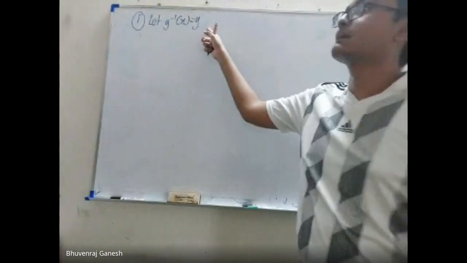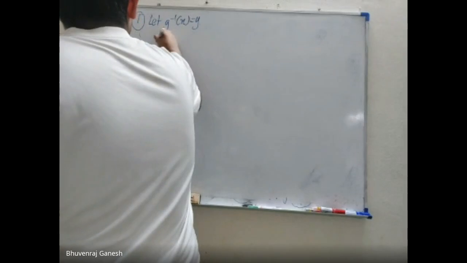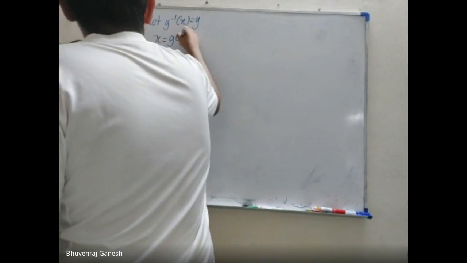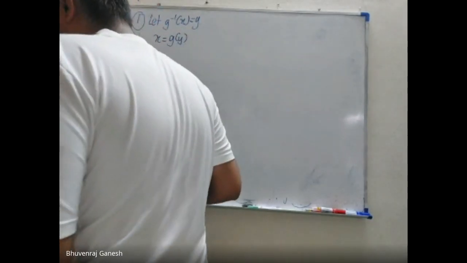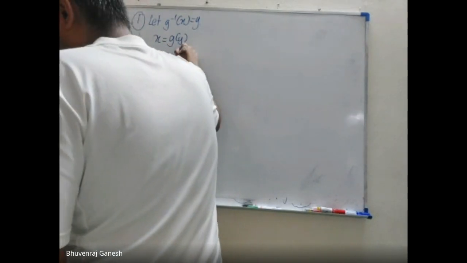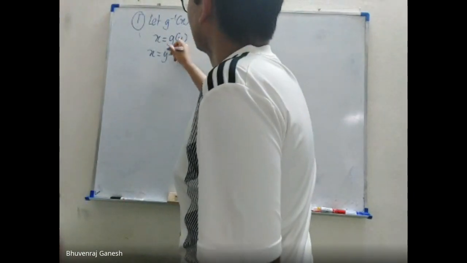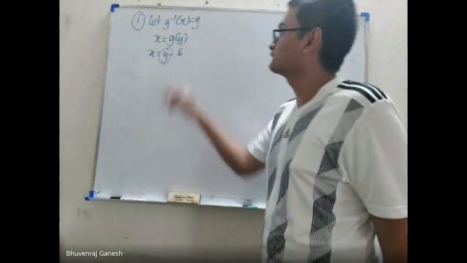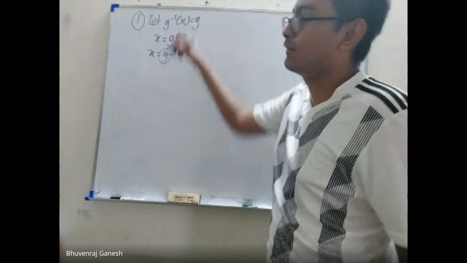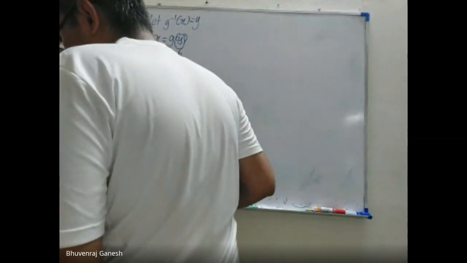This is the step I did just now. As a summary, we revise these steps. So x equals g(y) because we shift the g to the other side. Based on the question just now, I get x is y minus 6. This is why I substitute x with y here: my function is using y as an object and no more x as an object. So that's the step here.